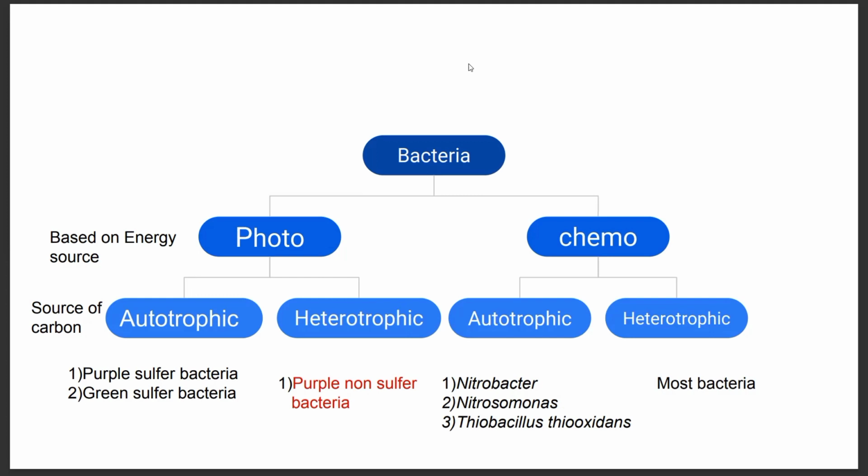Then the next, photoheterotrophic. Photoheterotrophic means again they use light energy as their energy source, but the carbon source here is organic. In the previous case it is inorganic. Carbon dioxide means inorganic molecule.